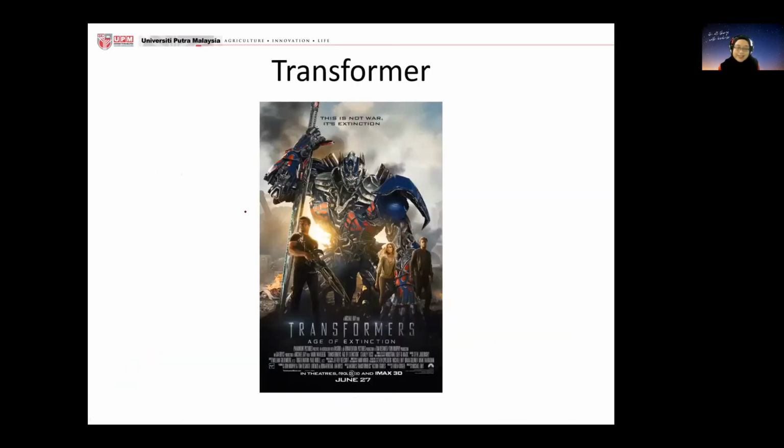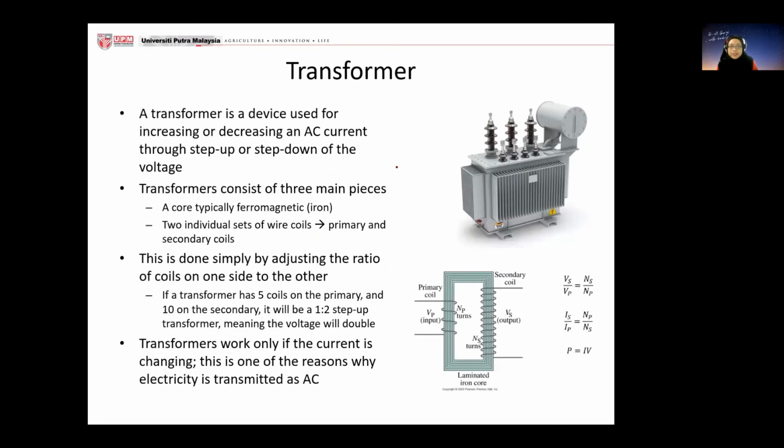So a transformer is not this one, although in terms of movies, I guess Transformers is quite an entertaining movie. But a transformer in this situation is a device used for increasing or decreasing an AC voltage through step up or step down. This is an example of a transformer.